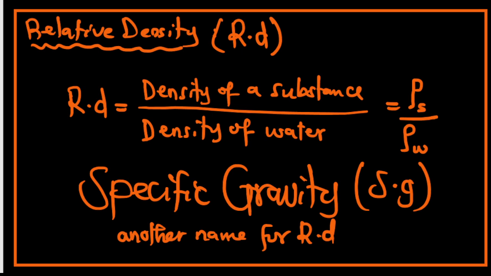Relative density is density of a substance over density of water. It is also called specific gravity. You can shorten it to RD or SG. RD will mean relative density, SG would mean specific gravity. You shouldn't expect it to have a unit since it's a ratio of two densities.